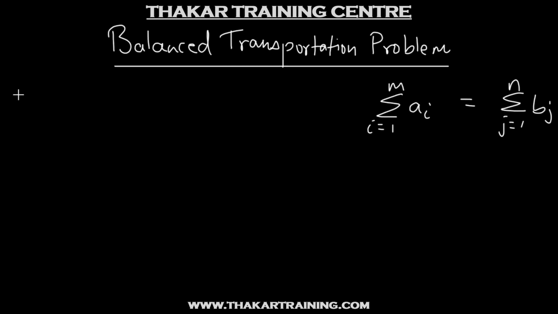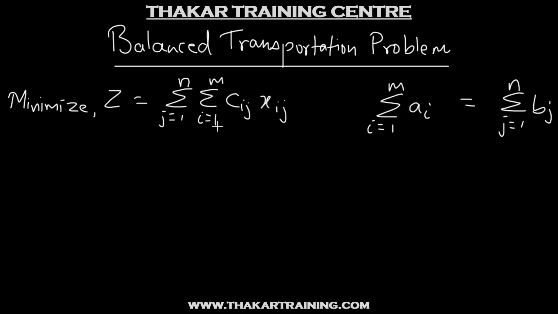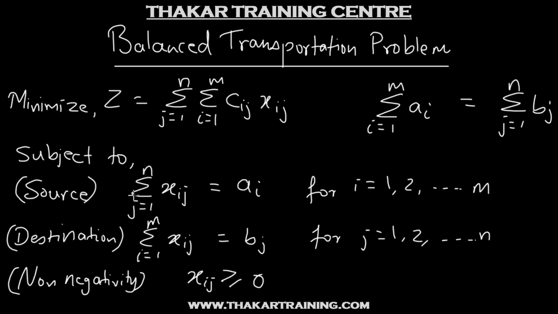For a balanced transportation problem, the objective function remains the same, that is minimize z, which is this double summation, and the constraints would now look like this. The source and destination constraints are equations. So this is how the formulation of a balanced transportation problem looks. Since we are dealing with equations over here, it is relatively easier to solve a balanced transportation problem.